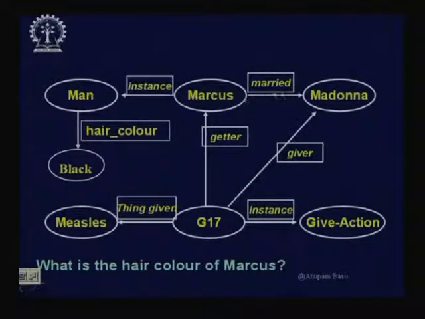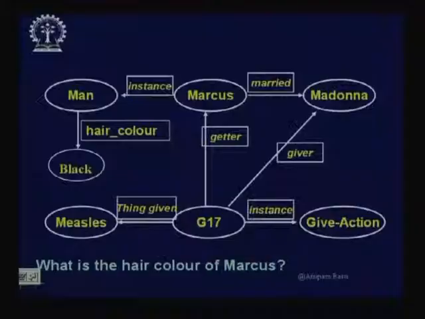You see, I am not traversing this at all. Please note that. The only pointers that I am putting into the next possible nodes are of the instance or subclass type of relationship. So, here we take man and we find that man has got a hair color. Therefore, Marcus is inheriting the answer. The hair color of Marcus is black. That is how we carry out inferencing in semantic nets.